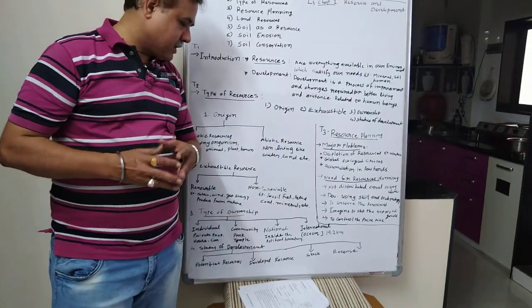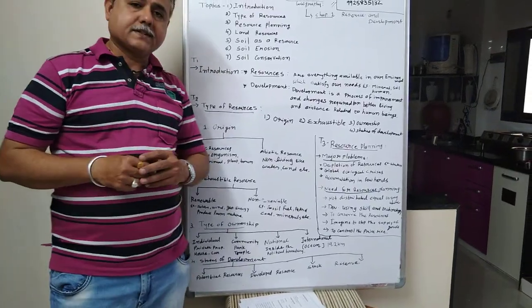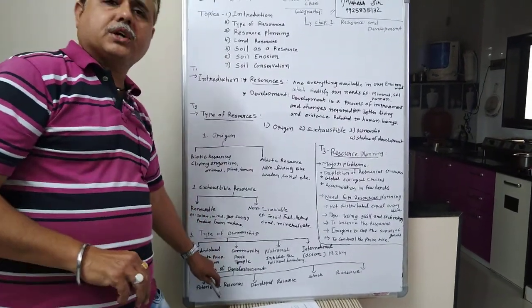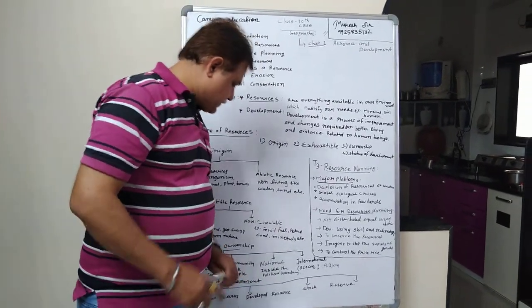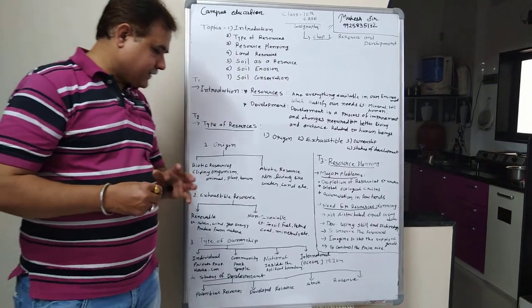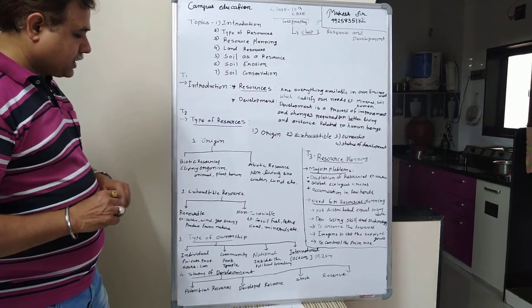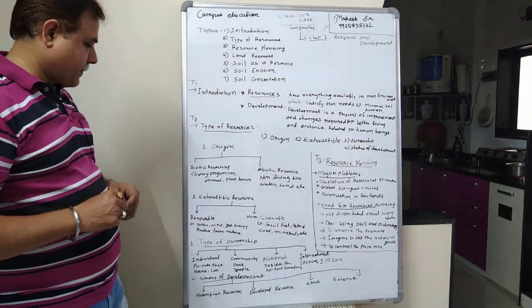Potential resources means we know they exist but we cannot use them. They are known as potential resources. Now developed resources. Developed resources are those which are developed and surveyed to be utilized and are being used in the present time.